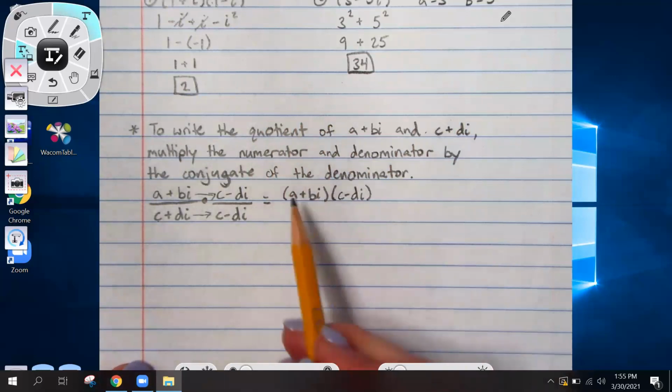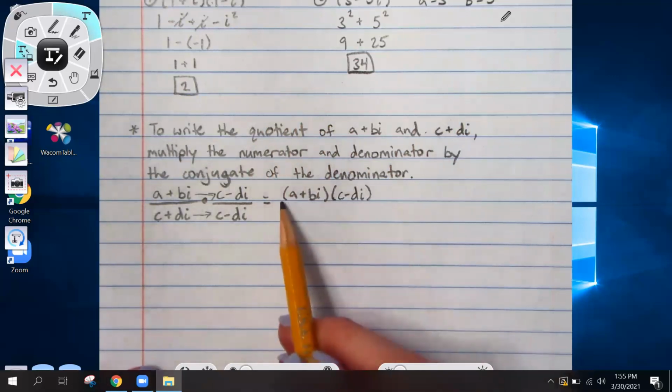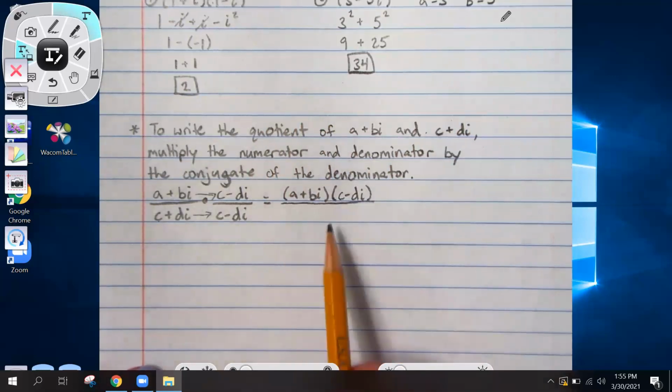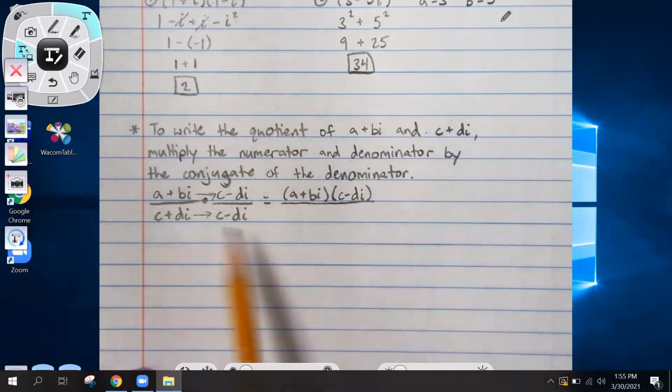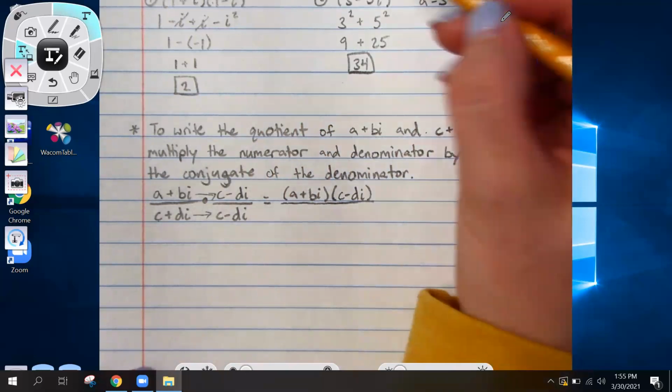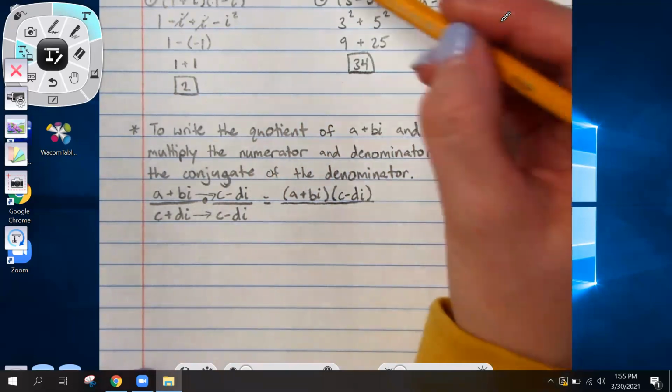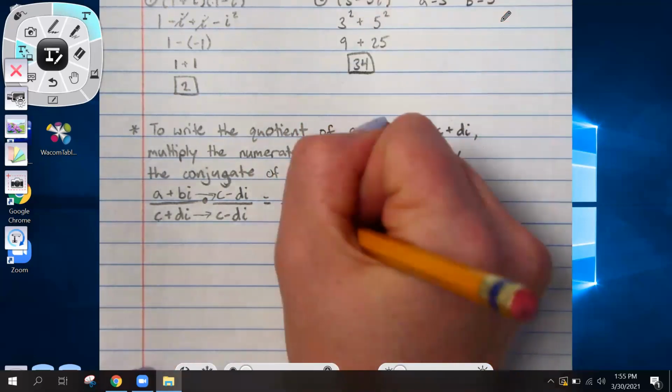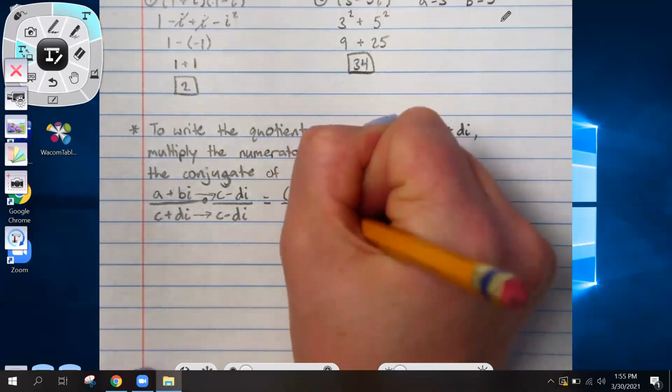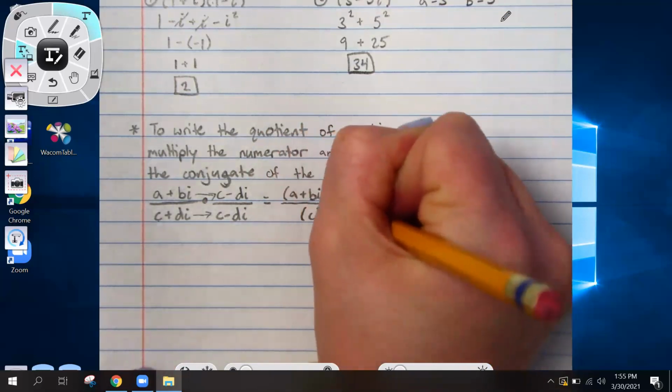So in the numerator, it's just two complex numbers being multiplied. In the denominator, remember when we multiply by a complex conjugate, we can use this shortcut, the a squared plus b squared. So our denominator is going to be c squared plus d squared.